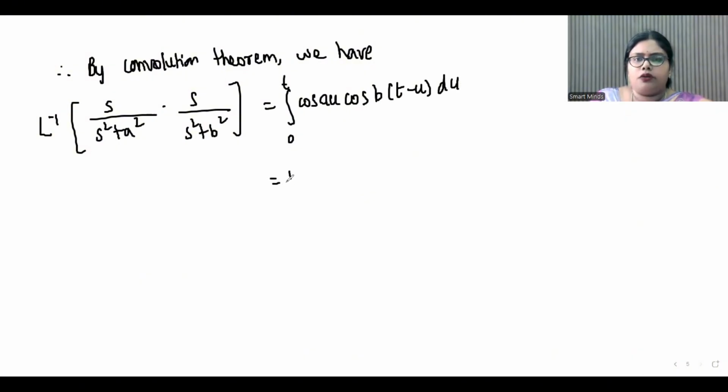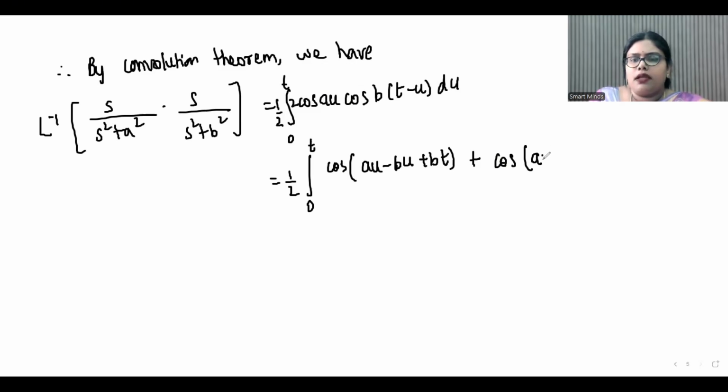That is equal to half integral 0 to t cos au minus bu plus bt plus, here you see we are multiplying and dividing by 2. Now we are applying cos a cos b formula. Okay. Plus cos au plus bu minus bt du.